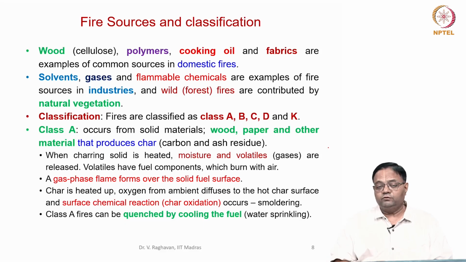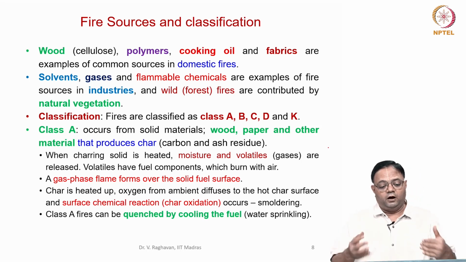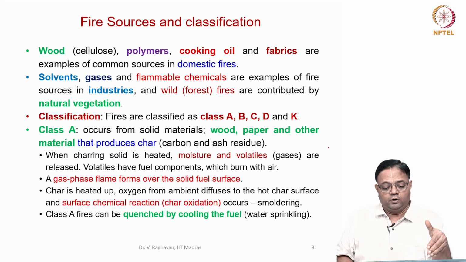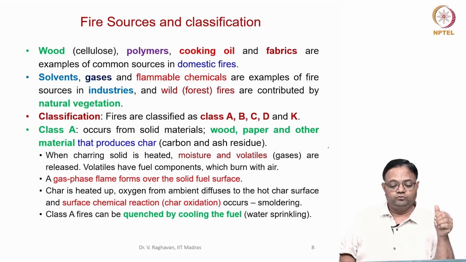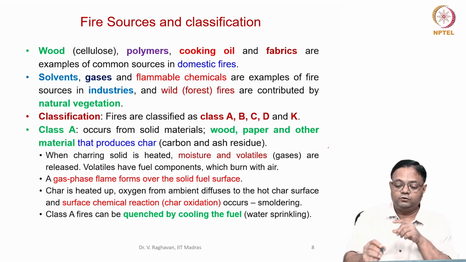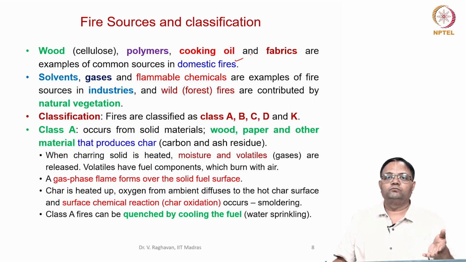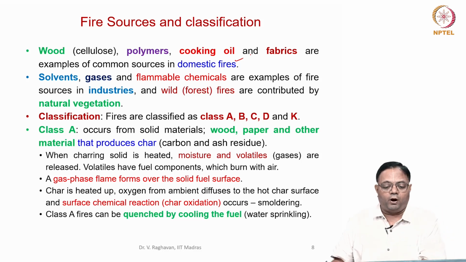Now, let us see some fire sources and try to classify them based upon the hazardness of this. For example, domestic fires. In domestic fires, wood, because in many domestic things, wood appliances are used, even for construction, wood is used, etc. Similarly, polymers.